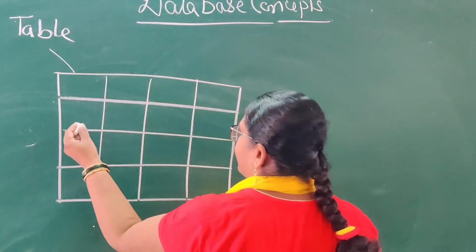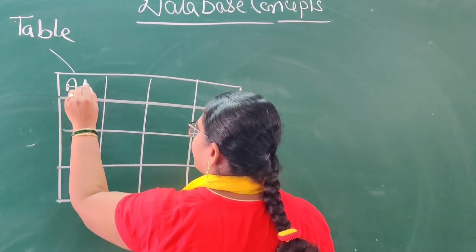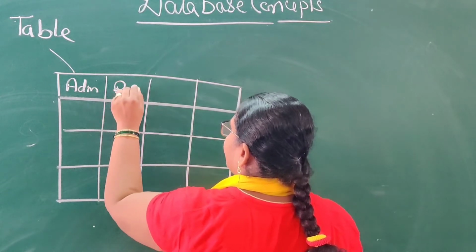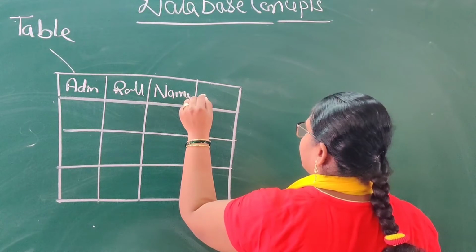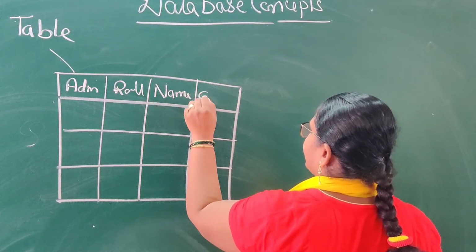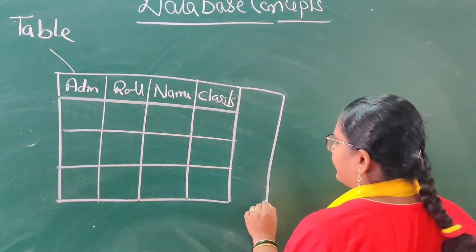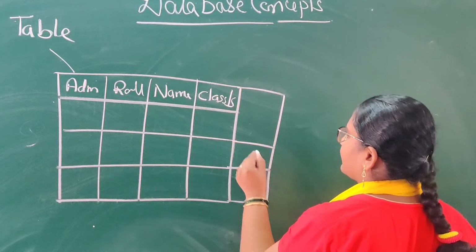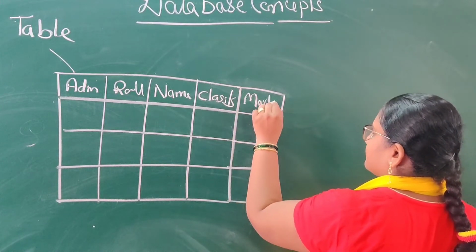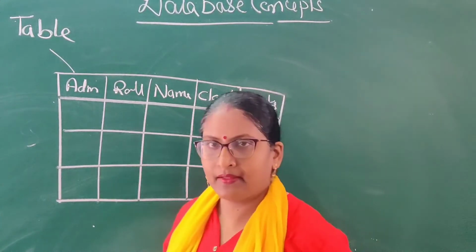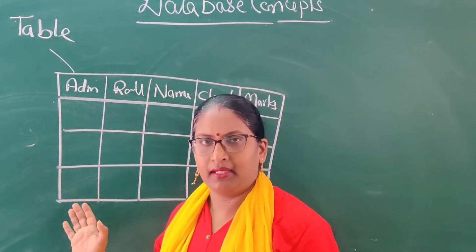Whatever details, suppose student details: admission number, roll number, name, class and section, and another column which is marks.